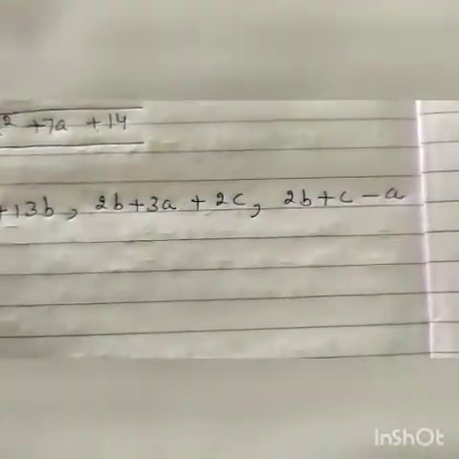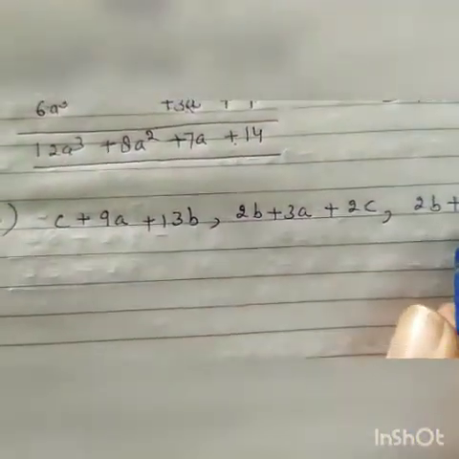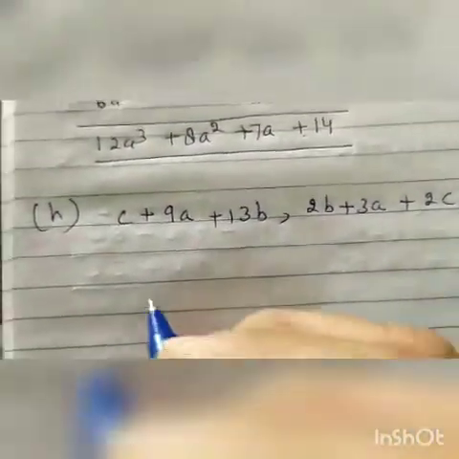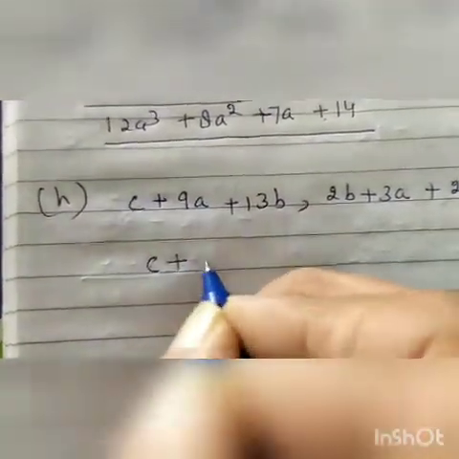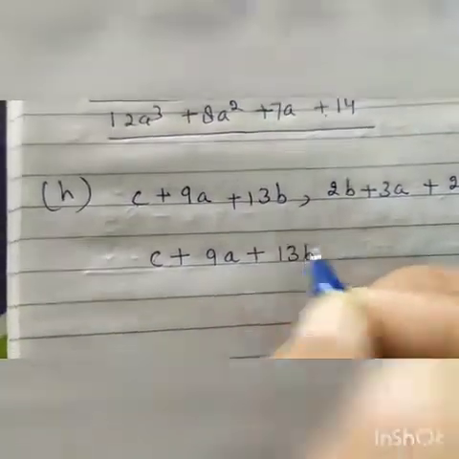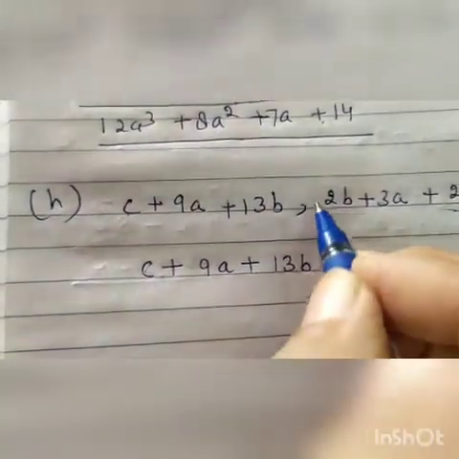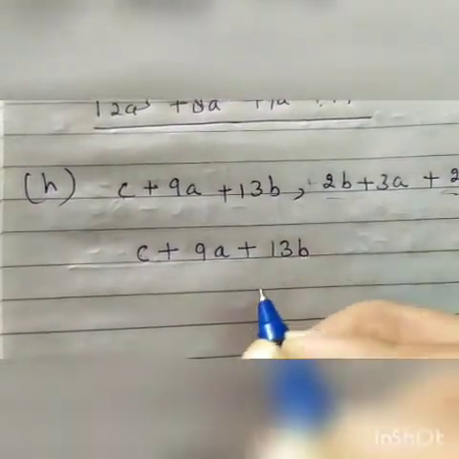Again in this question also there are three algebraic expressions. We will write in the same way. First expression in first line, c plus 9a plus 13b. Then second expression, we will write this 2b below this 13b.